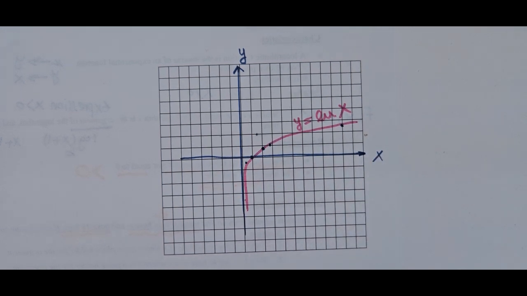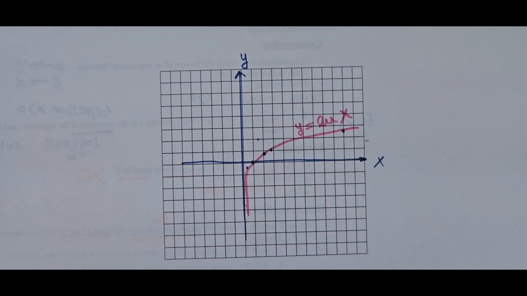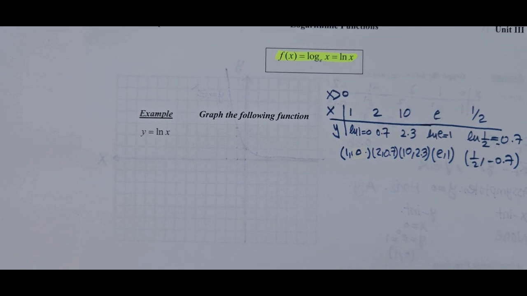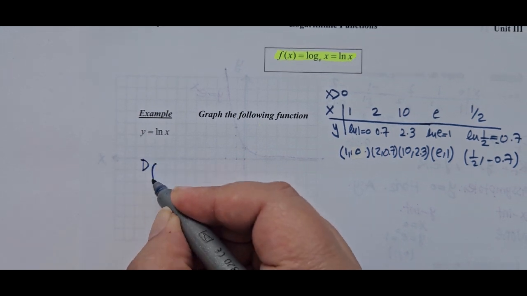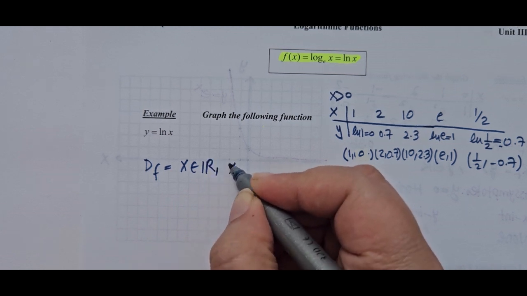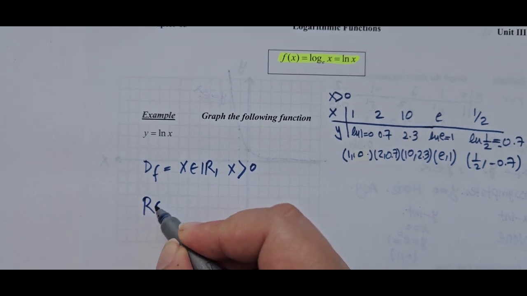If you look here, it starts from here. It's never 0, but it's greater than 0 all the way to positive infinity. So your domain, as per your graph, is x greater than 0.